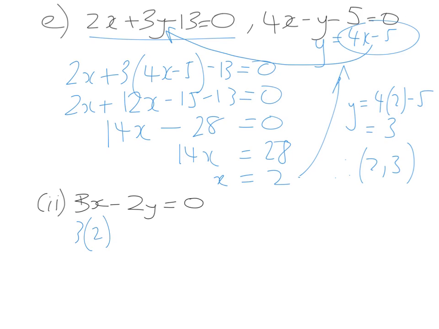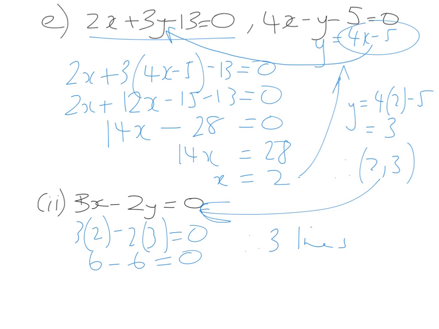So the 2 where the x is and the 3 where the y is. 6 minus 6 is 0, so this point does lie on that line, so therefore all three lines go through 2, 3, and therefore they are concurrent.